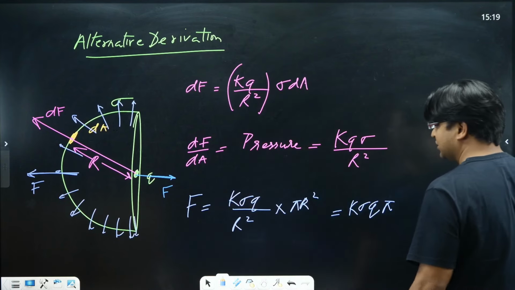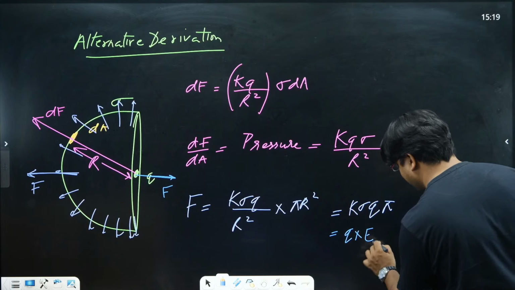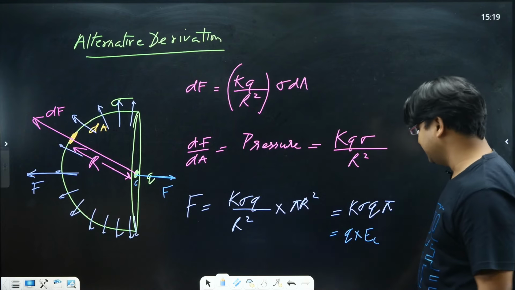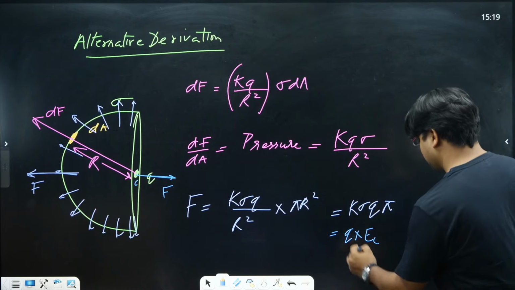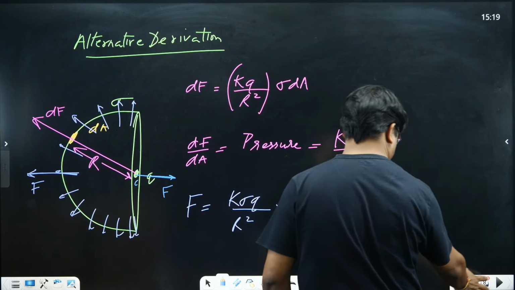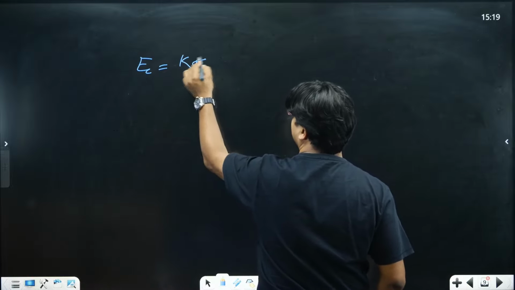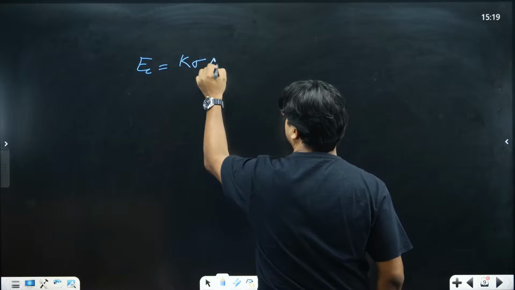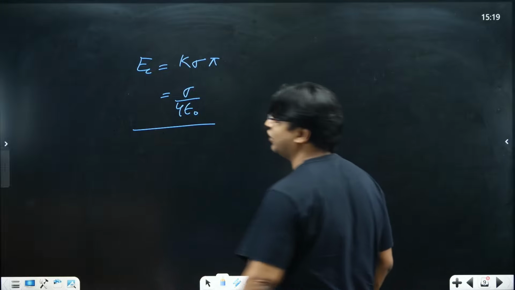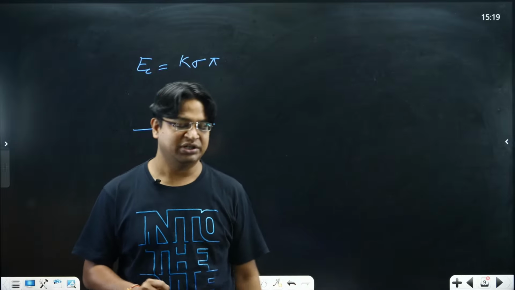So this force can be written as q into the electric field at C, whatever electric field was present here because of the hemisphere, times q. So the q cancels, and we obtain the value of E at C, which is k sigma pi, which is nothing but sigma by 4 epsilon naught. So you see, we obtained the same relationship, and we obtained it without using integration.